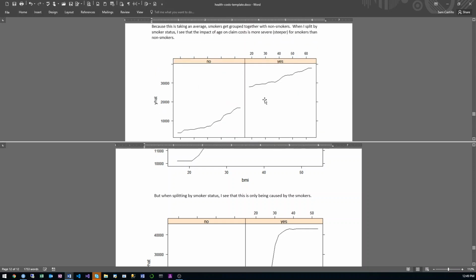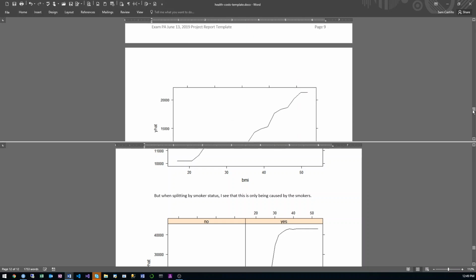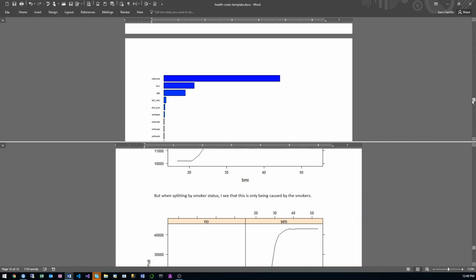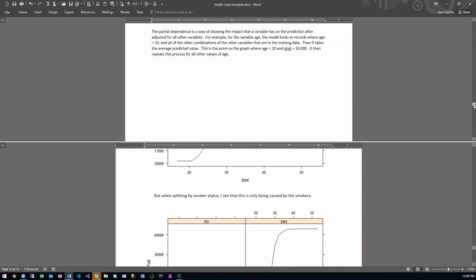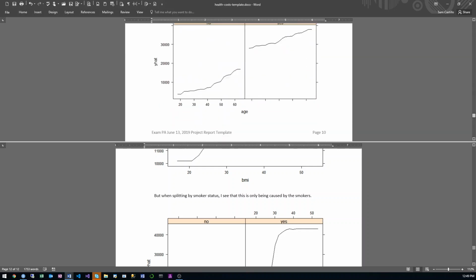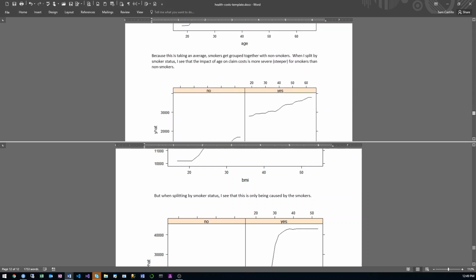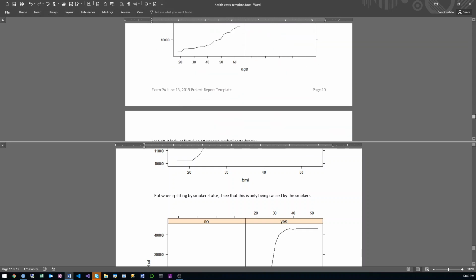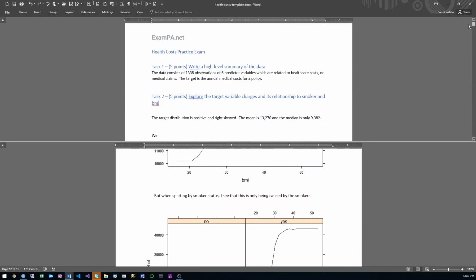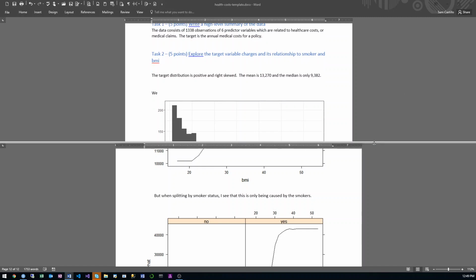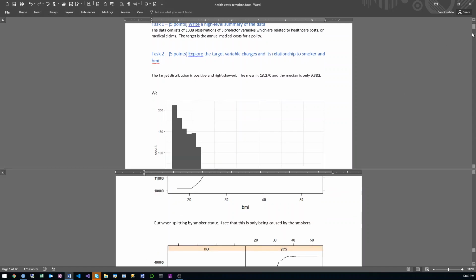And now I'll just go through each of the specific tasks. There's not really much else that I can do when it comes to interpretation. So I would then go through each of these specific tasks.